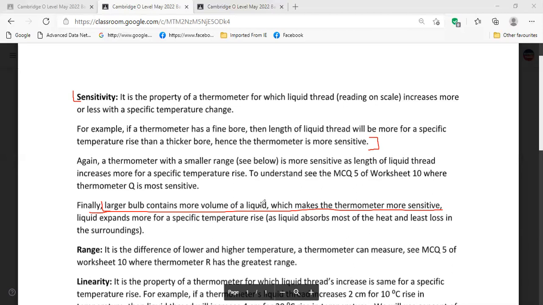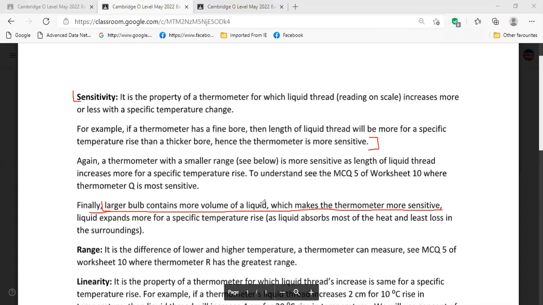When the liquid is absorbing more heat, then it can expand a little bit more. So it's showing us more sensitive reading. But the thermometer with less amount of liquid will not be able to absorb that much heat from the child's mouth, then we'll get a less sensitive thermometer or less sensitive reading. The liquid level will not rise that much.